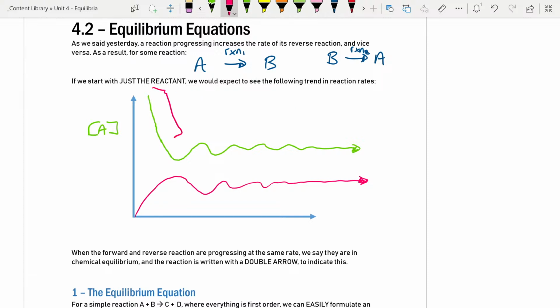Right here, we can say that the rate of the first reaction is greater than the rate of the second. Does that make sense? That's true here because A is getting used up, and it's true here, and here. But then for a little bit, what's true? Well, for a little bit, the rate of the reverse reaction is faster.